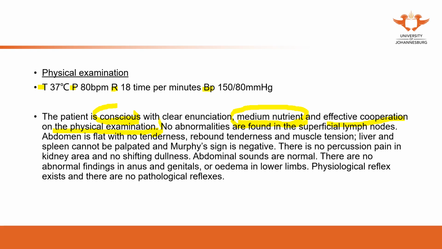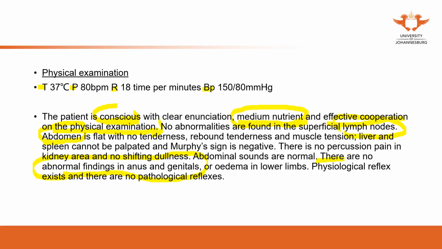Do you feel any abnormal lymph nodes? Do you feel any abnormalities in the abdomen area? If you find some positive signs, you're also going to write them here. There are no abnormal findings in anus and genitals.